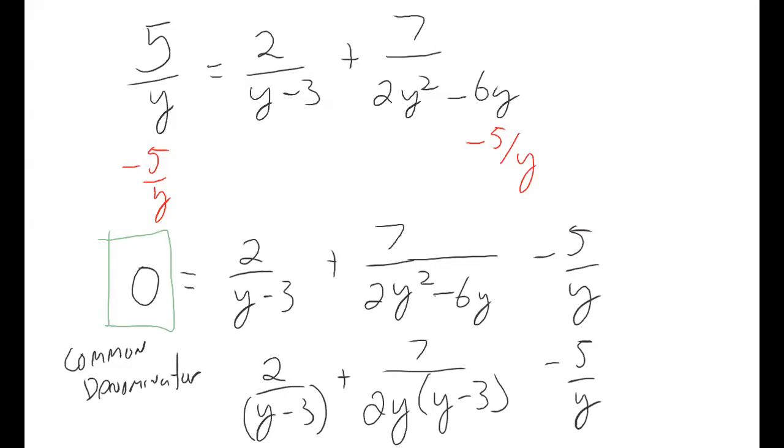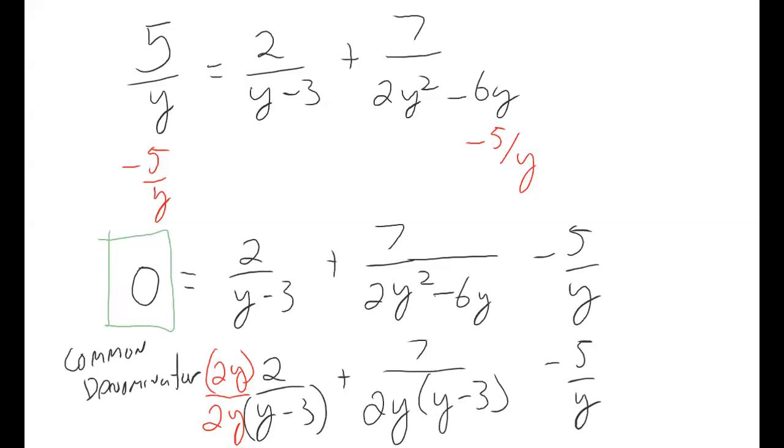So in my first fraction, I am missing a 2y, right? So if I have a 2y in the bottom, I have to multiply the top by 2y, because 2y over 2y is 1. That's why we can do this. This second fraction has everything, so it's good to go.